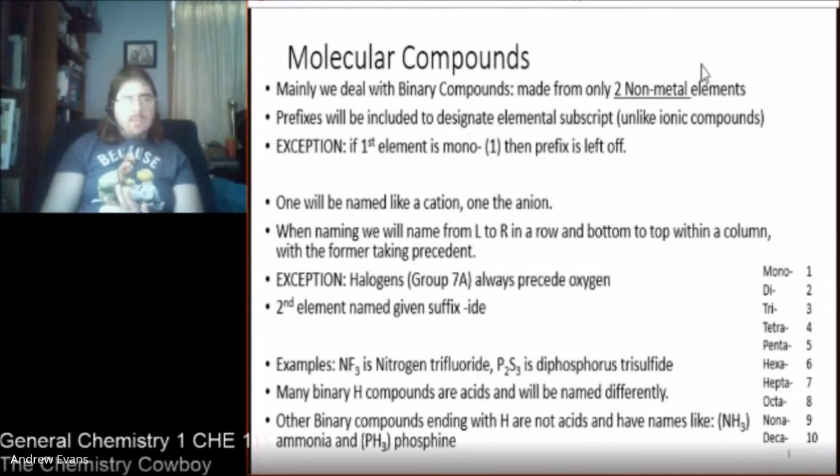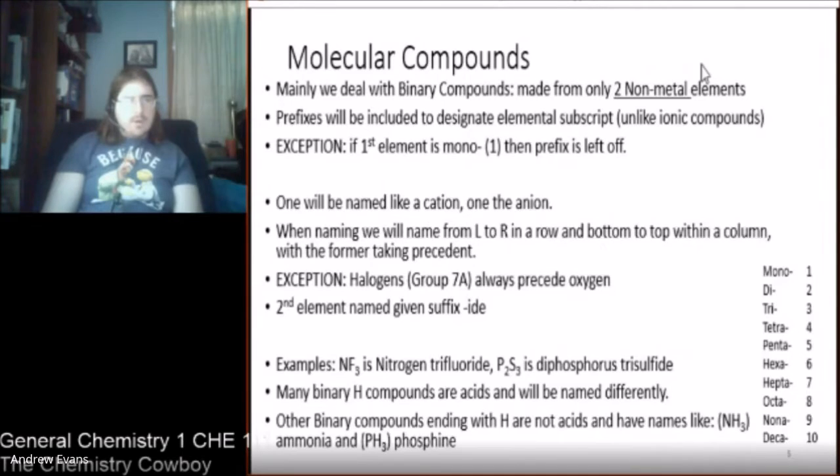So when one of these guys will be named like a cation, which we'll talk about in a minute when we go to ionic, the other guy's like an anion, which means he'll get an anionic ending, which is we change the ending to IDE. So you may have heard of this when I talk about carbon dioxide. Carbon dioxide.